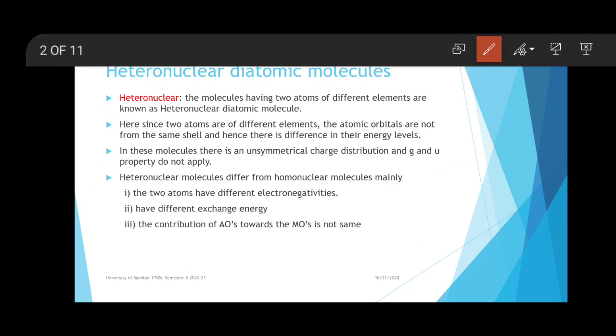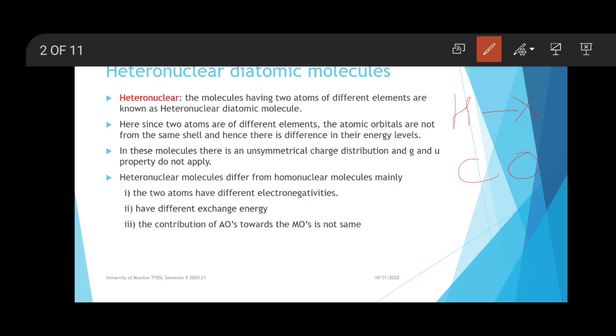For example, HX, CO. These are examples where two atoms of different elements combine together to form heteronuclear diatomic molecules.